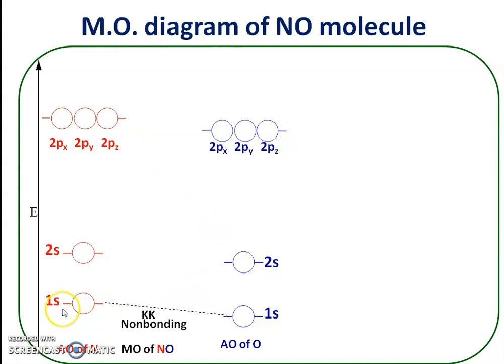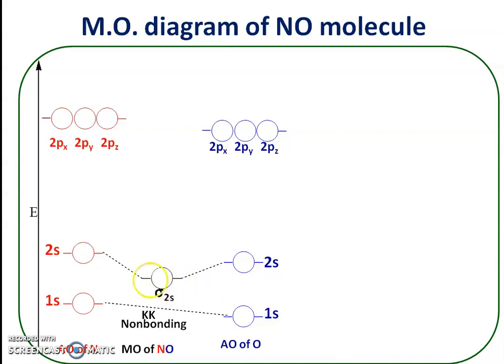Now the 1s orbitals of both atoms are not involved in the bonding process, and their interaction is treated as non-bonding, represented by KK. But the 2s atomic orbital of nitrogen combines with the 2s atomic orbital of oxygen with the same sign wave function, which is called in-phase combination.